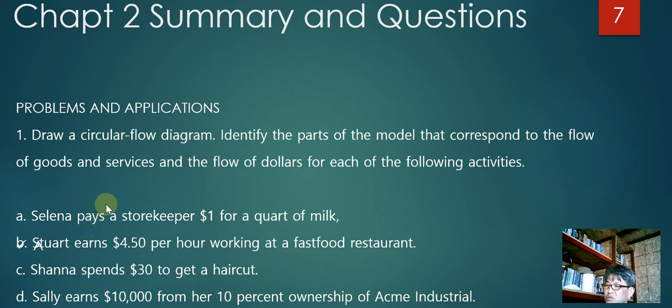I will give you this one as an assignment and you draw it at home. Once Serena pays $1 for the quart of milk, you can draw the circular flow diagram of how it works. Then we have a corresponding part.